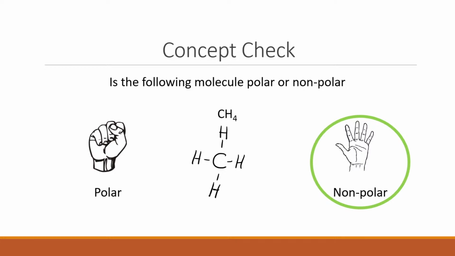There are multiple lines of symmetry that can be drawn in this molecule. You can put a vertical, a horizontal, you can even include the diagonals as lines of symmetry. Something with multiple lines of symmetry is a nonpolar molecule. The electrons in here are being shared equally overall in the whole molecule.